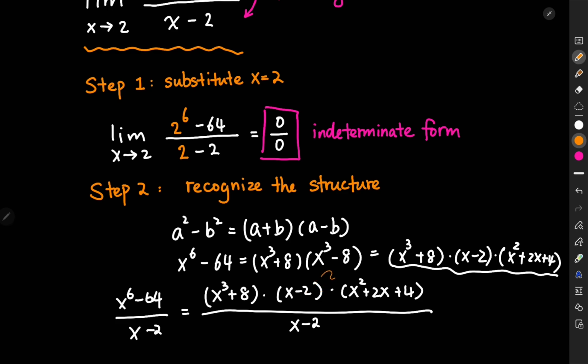So for factoring, we always want to cancel out the common part, so we don't have a denominator anymore.